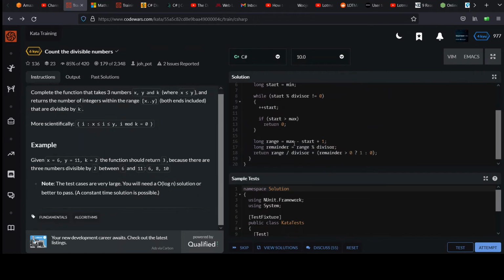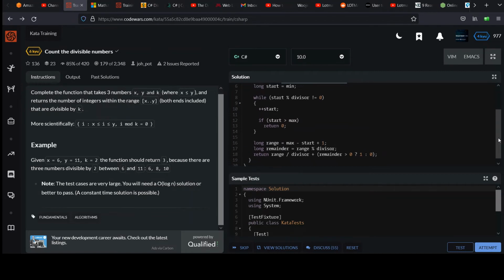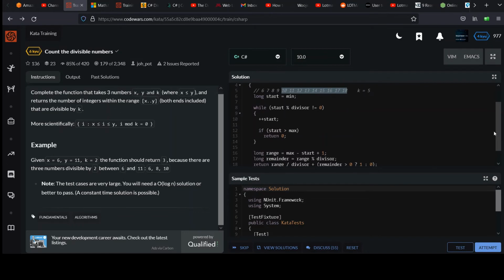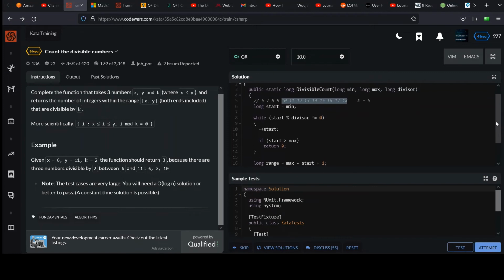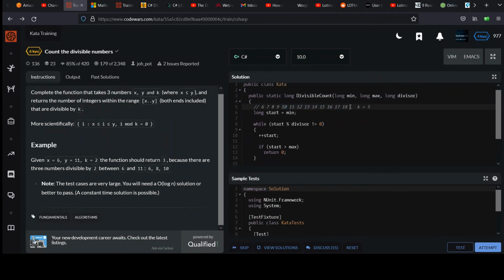So I called range 9. Range 9 divided by 5 would be 1 with a remainder of 4. 9 divided by 5 is 1. You get that remainder. So you still get 2. And you're not going to get that third one until this range over divisor bumps up to 2, when your range hits 10. So when you get up to 20, you'll get that.